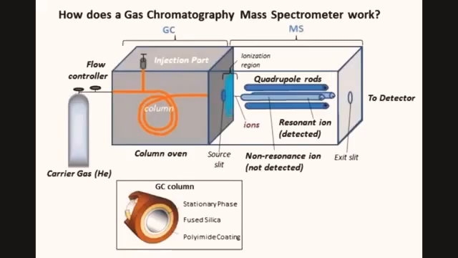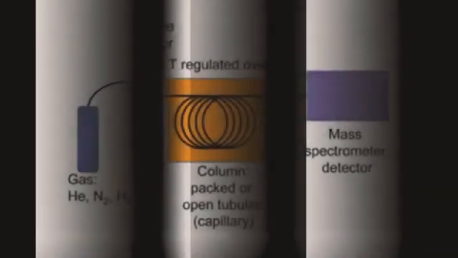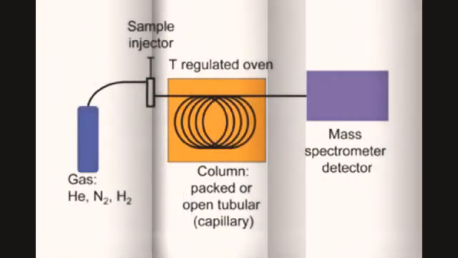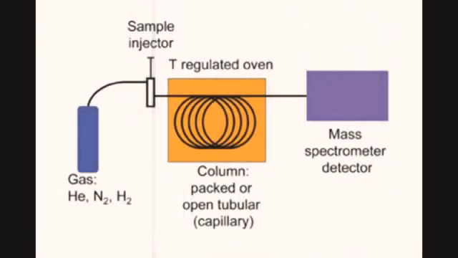The compounds are propelled by an inert carrier gas such as helium, hydrogen, or nitrogen. As components of the mixture are separated, each compound elutes from the column at a different time based on its boiling point and polarity. The time of elution is referred to as the compound's retention time.